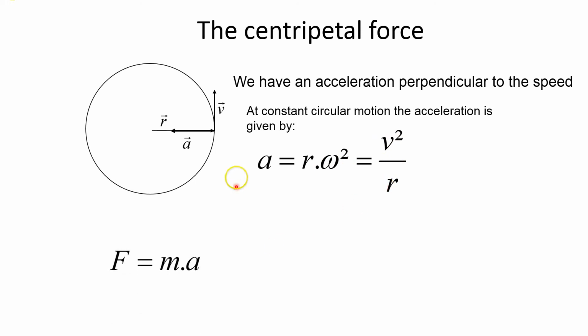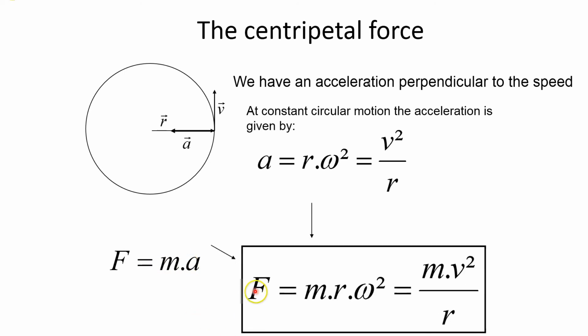We also know Newton's second law, which says the net force is the mass times the acceleration, which together brings us to a formula for the centripetal force: m times r times omega squared equals the mass times speed squared divided by r.